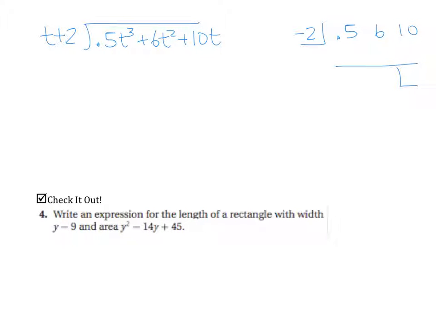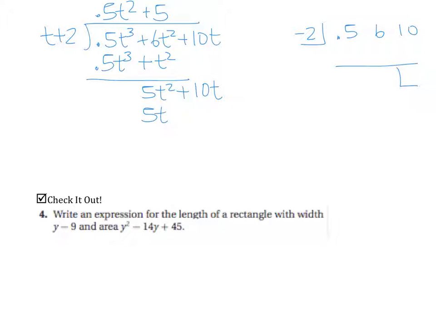Okay, so if I do this, subtract, bring down, take a 0.5 t squared plus 5.